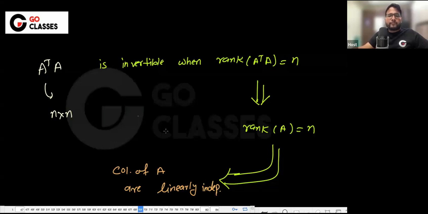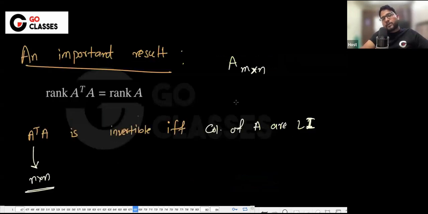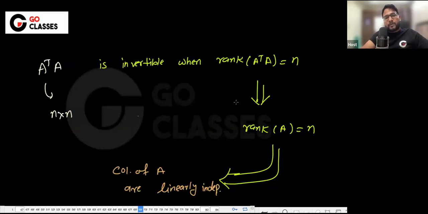Is this fine to everyone? That to make this invertible, columns of A have to be linearly independent, right? This is just one property that we are seeing, because both ranks are same. Actually, you need to remember this property. This is a very important property.